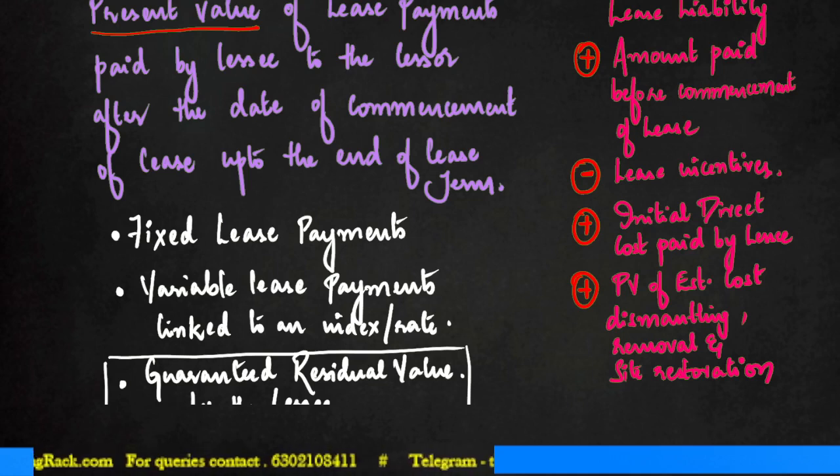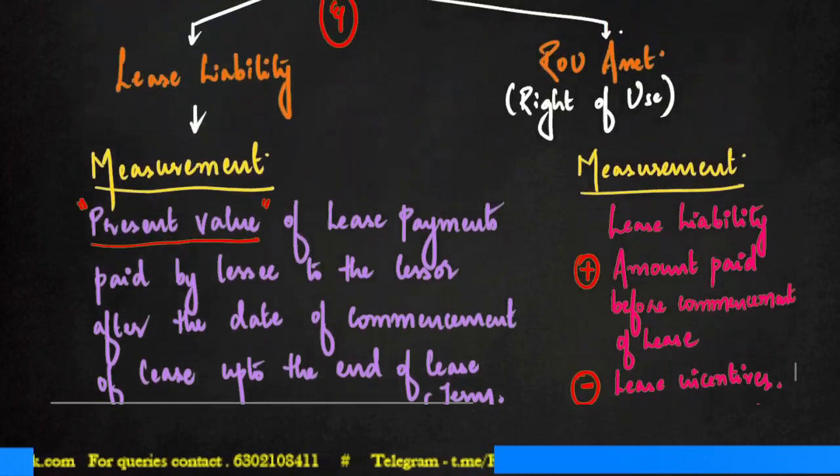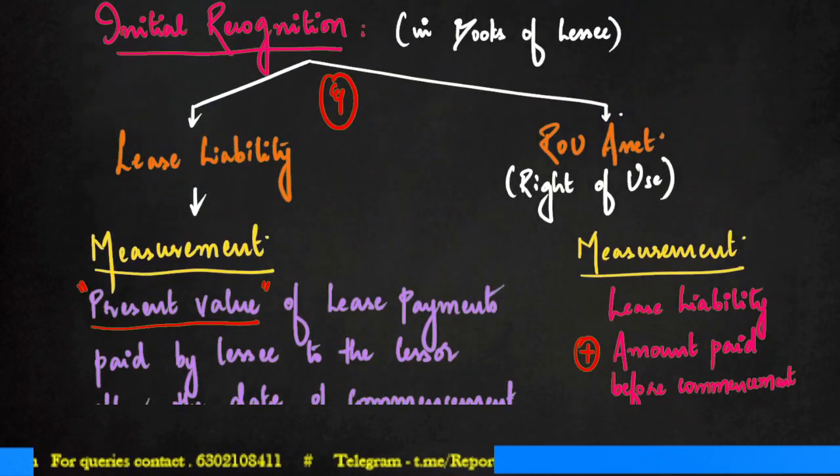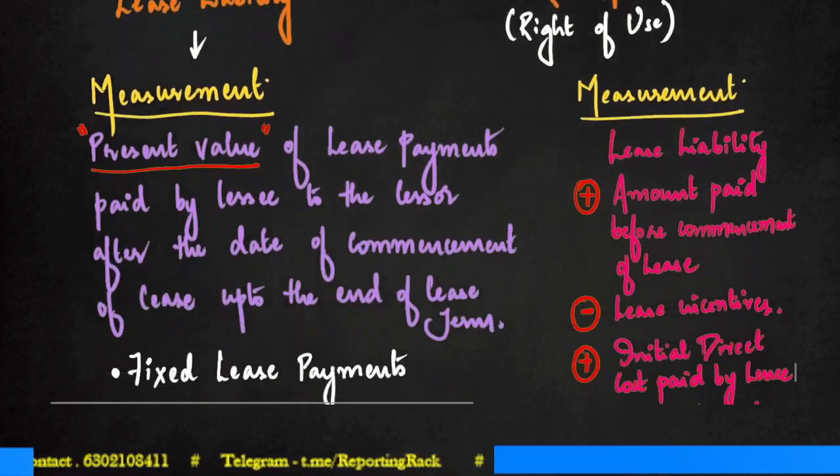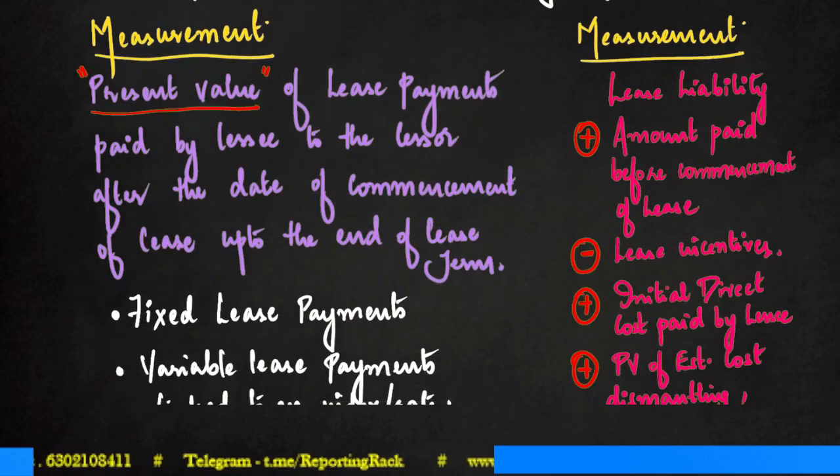Have a good look at whatever you have written so far. In measurement of leased asset and lease liability, the lease asset I call the ROU asset. So lease liability I measure at present value of lease payments paid by the lessee to the lessor after the date of commencement of lease up to the date of end of lease term.